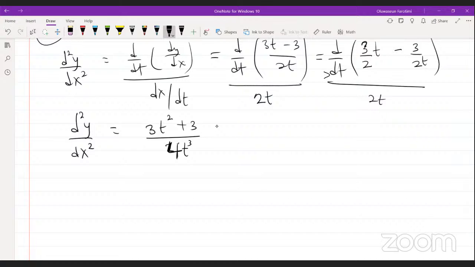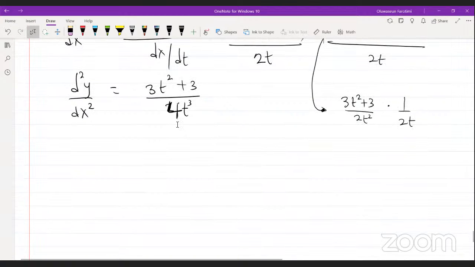Because if you differentiate this, you get 3t squared plus 3 divided by 2t squared, and then you still have 1 over 2t on the bottom. Everything is justifiable, guys. It's not some kind of magic. So let's get down to it.